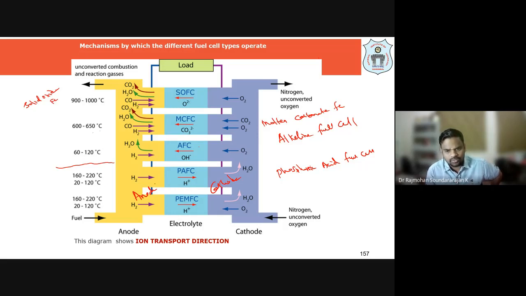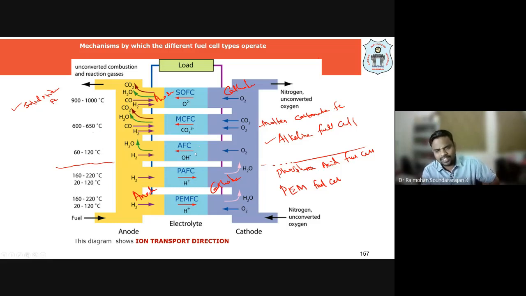Whereas in the case of alkaline fuel cell, molten carbonate fuel cell and solid oxide fuel cells, the ions are moving from the cathode side to the anode side. Okay. So what is the ion that is passing through? You can see here. You should be able to write what is the reaction taking place in each type of fuel cell.